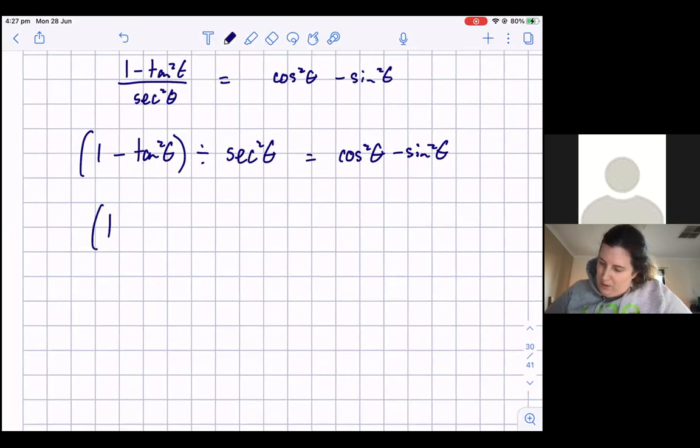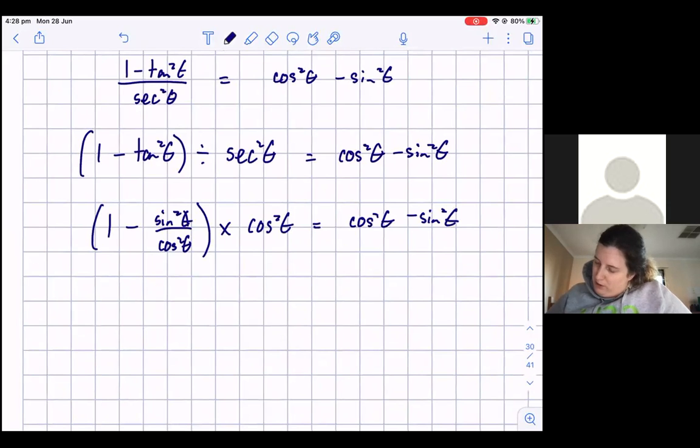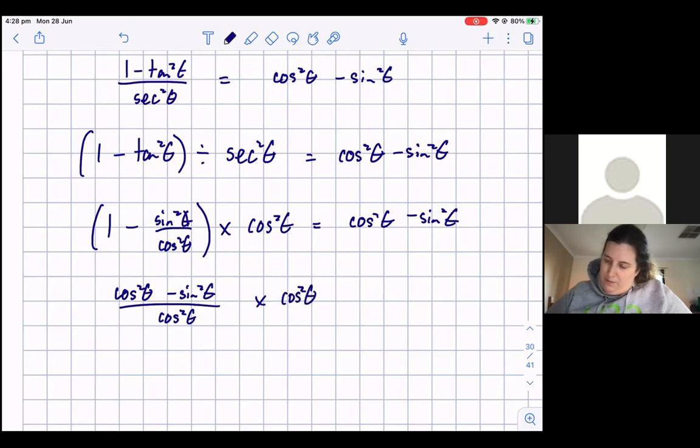Which means we've got 1 minus, now tan squared is sine squared on cos squared, times upside down cos squared theta. Lowest common denominator, I'm going to join those two on the left. So we've got cos squared theta minus sine squared theta on cos squared theta times cos squared theta.